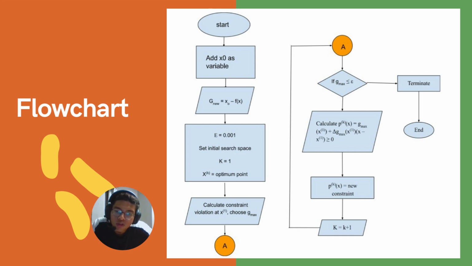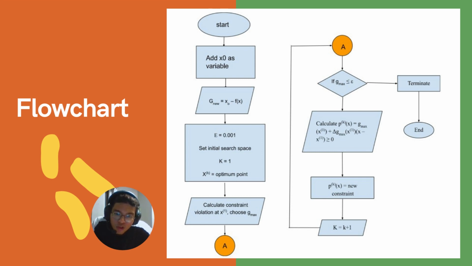This is also the initial value that we estimate, where the point is 0, 0, and we insert the value into the constraint to find the constraint violation, and we choose the g with the maximum or the highest value of the constraint violation. And then this is the termination factor, where when we get the g max is lower than the termination value, so we terminate.